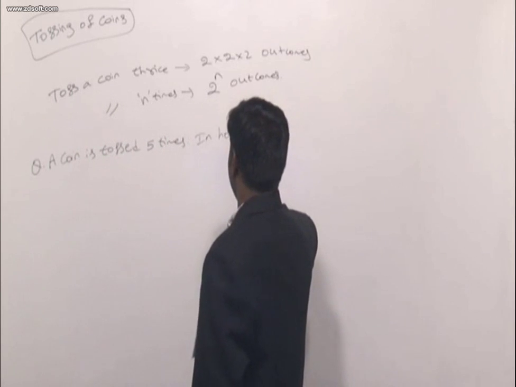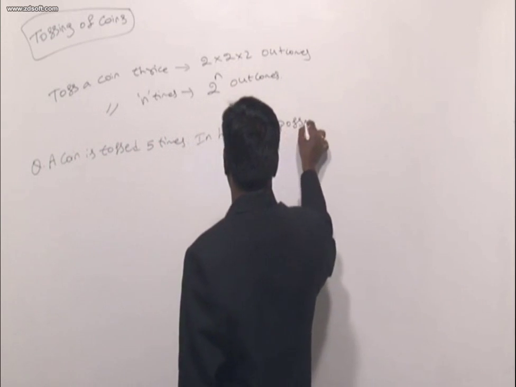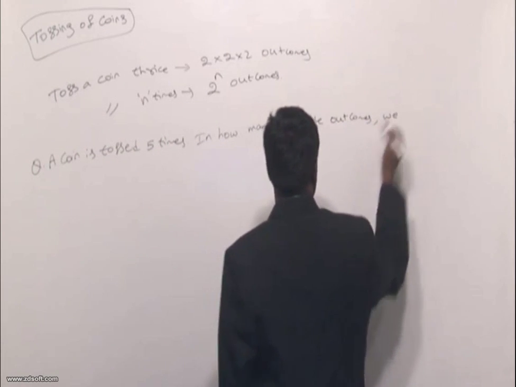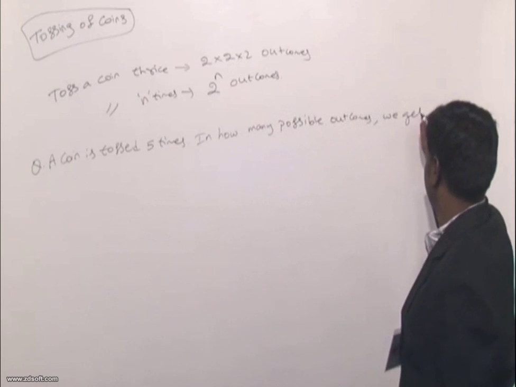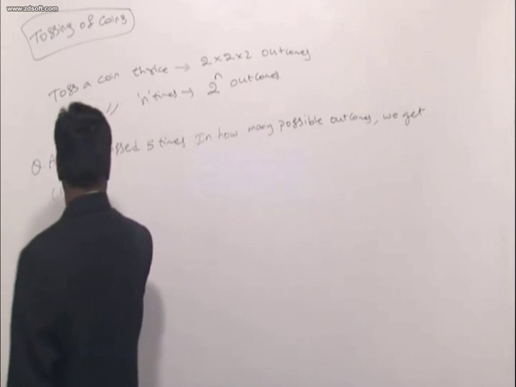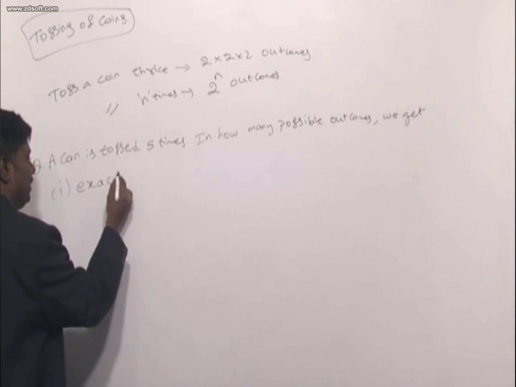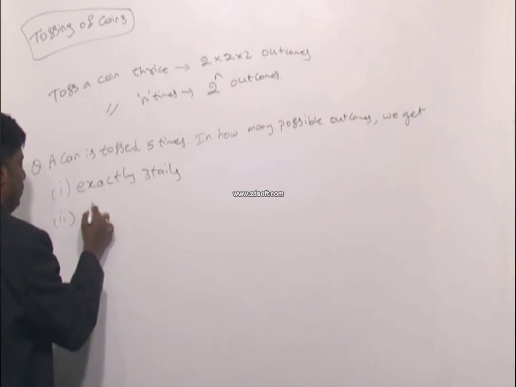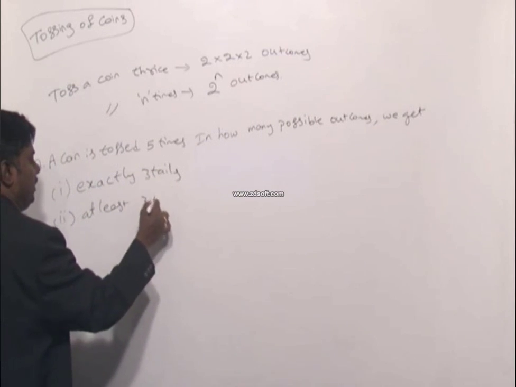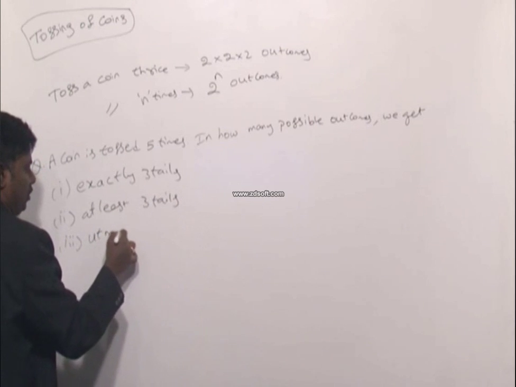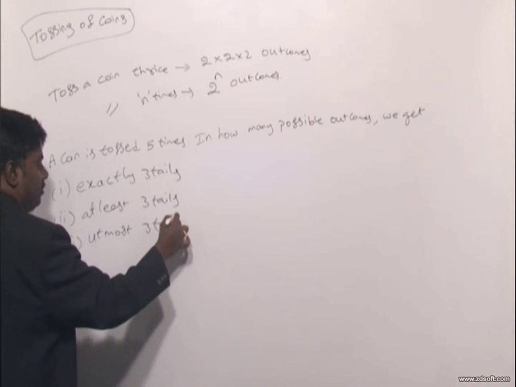In how many possible outcomes we get exactly 3 tails, at least 3 tails, at most 3 tails. Try this problem.